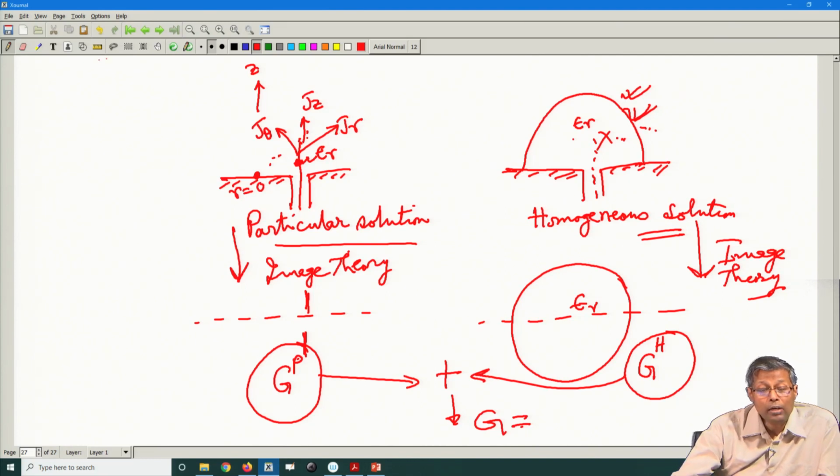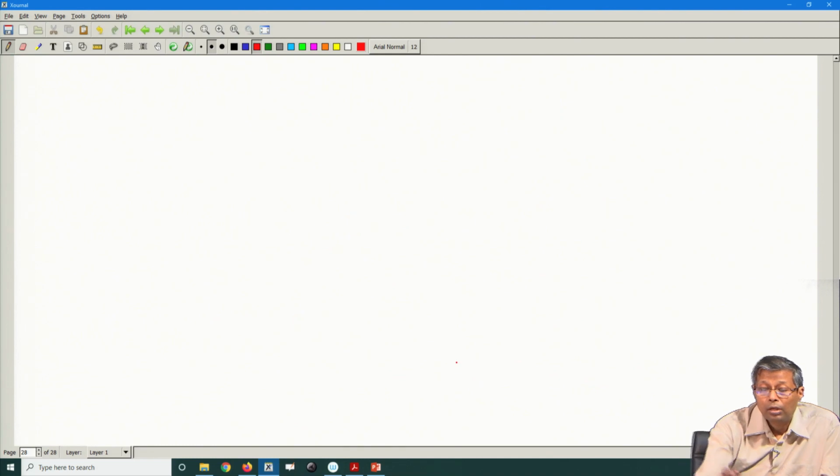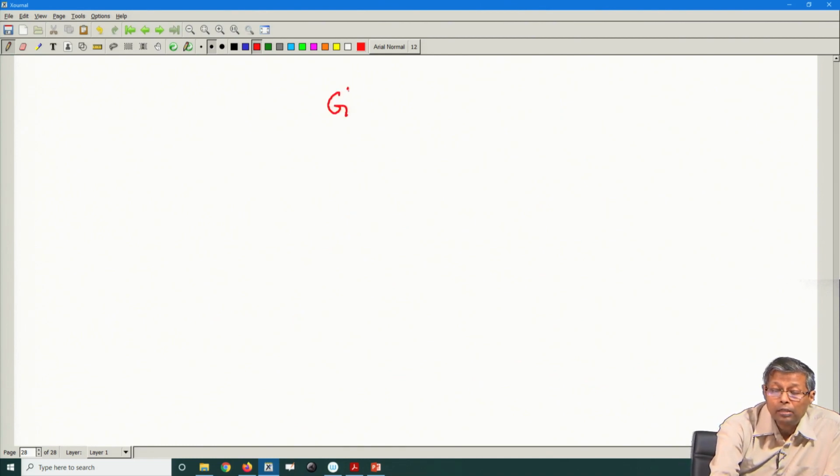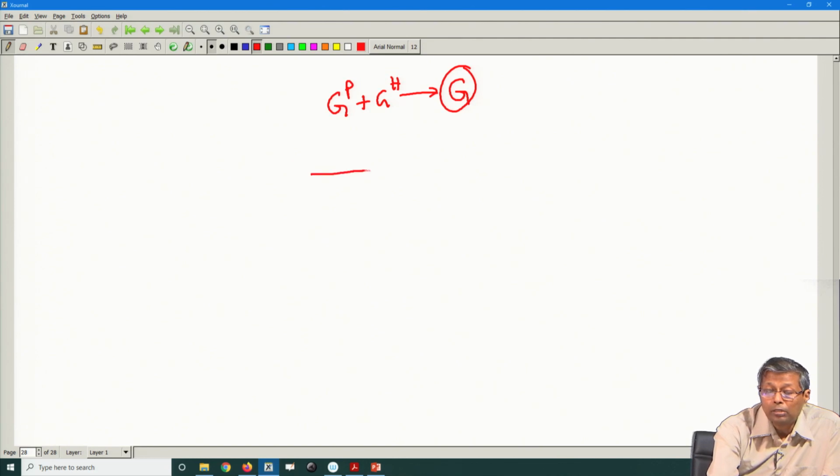In order to find out the current on this probe, I have to find, as I said, Gp and Gh, add the two, find the total Green's function and apply the Pocklington's integral over the probe.